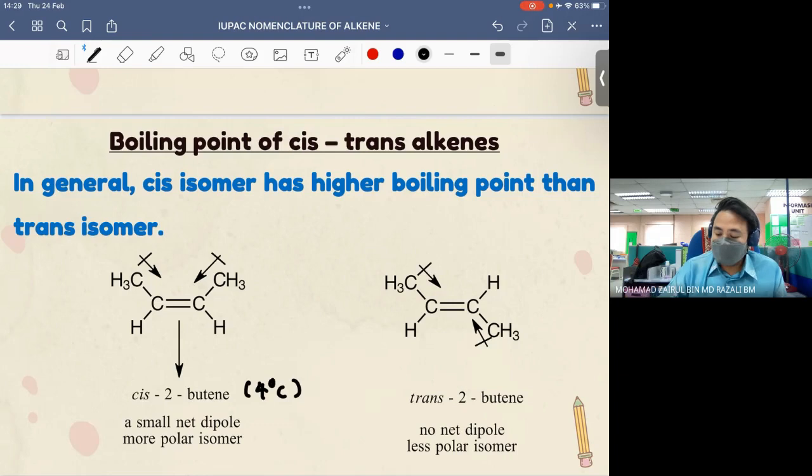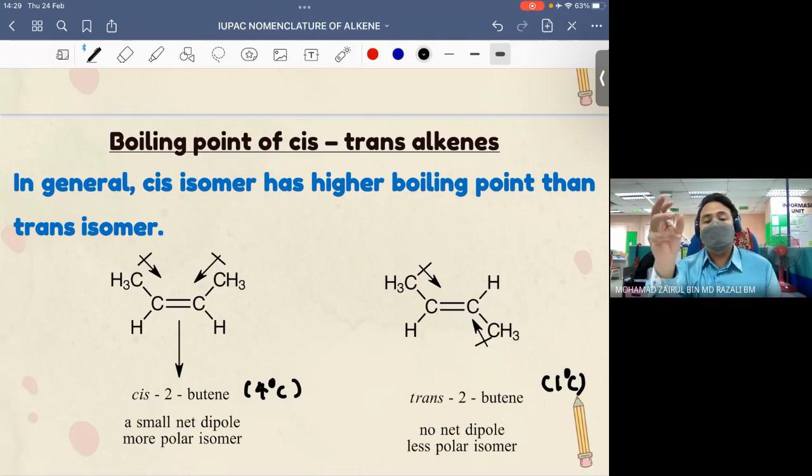Trans-2-butene has a boiling point of 1 degree Celsius. So even though both have the same type of intermolecular forces and the same molecular weight, since both have 4 carbons, if the arrangement changes, the conformation changes, and the boiling point also changes. We can explain this in terms of the position of the cis and trans groups.